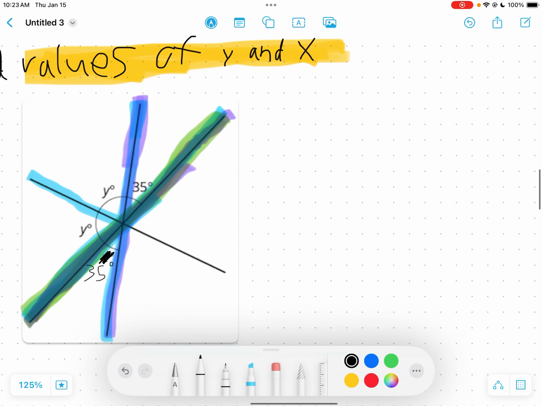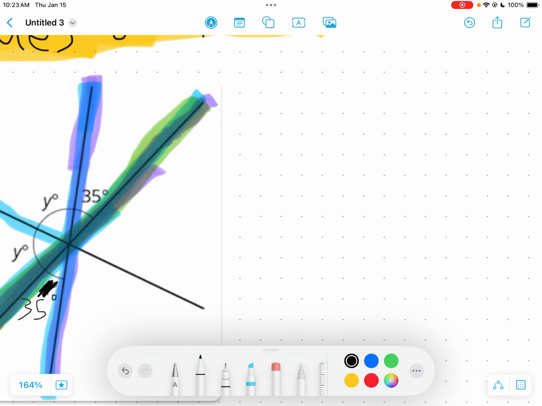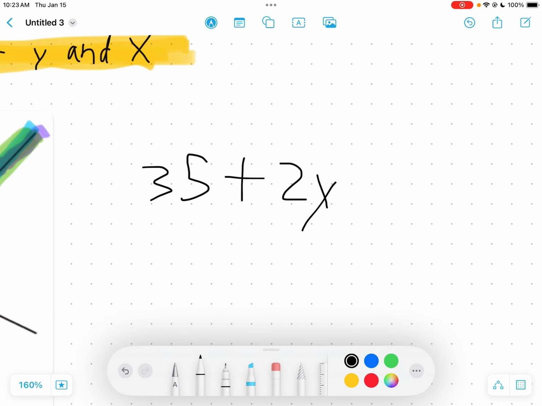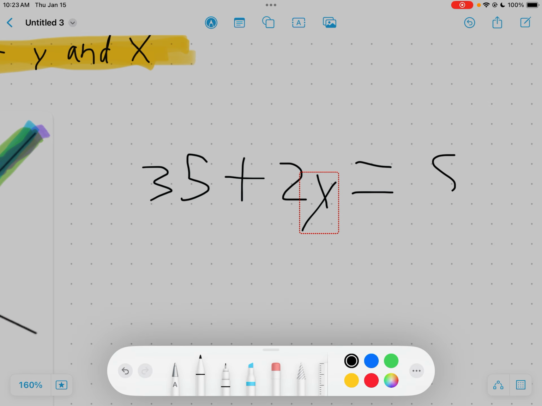Now, as I said with the supplementary angle before, 35 plus 2y, which is y times 2, equals 180.